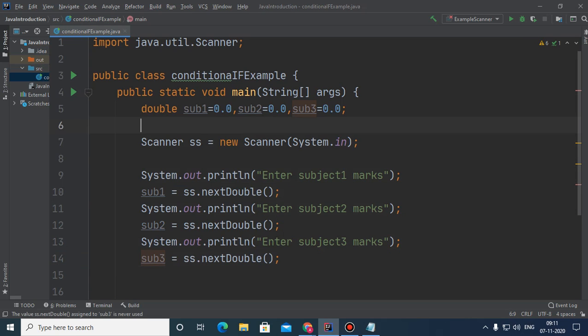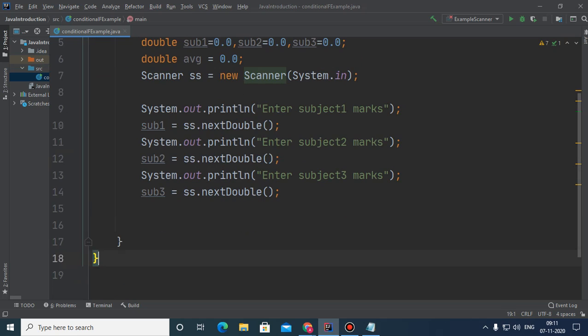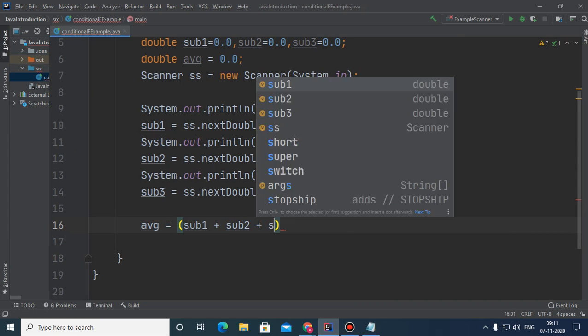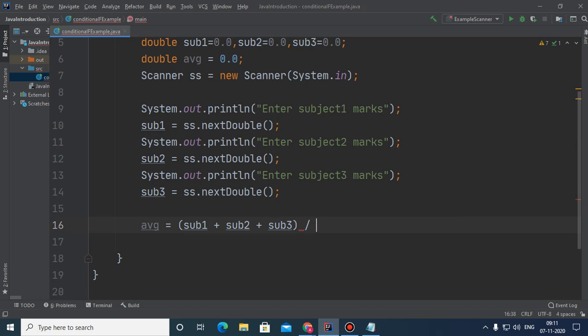Children, after you have got the marks of the 3 subjects, you need to calculate the average. So that is, average is subject 1 plus subject 2 plus subject 3 upon 3. This is what you have to do.